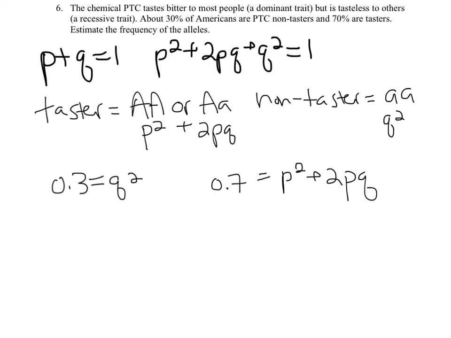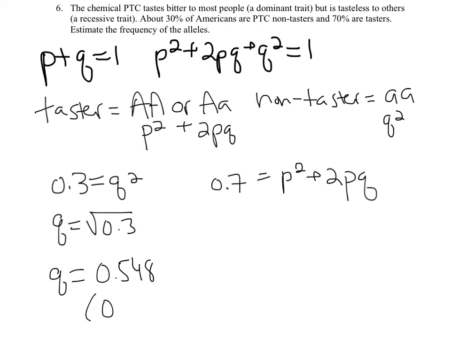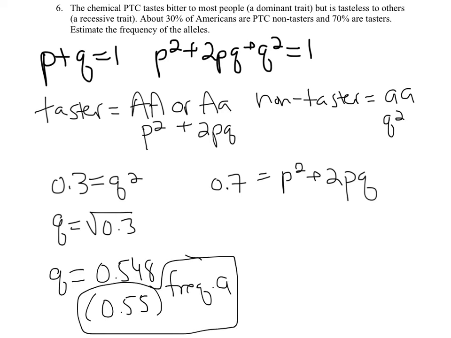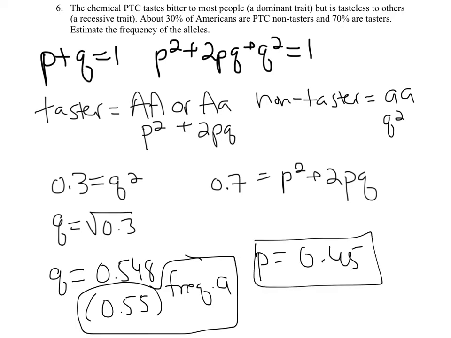So we're going to solve for Q. Q equals the square root of 0.3, and that equals 0.548, or 0.55, so that's the frequency of the little a allele. Then we can subtract that from 1, so the frequency of the big A allele is 0.45, and that would be what we call P.